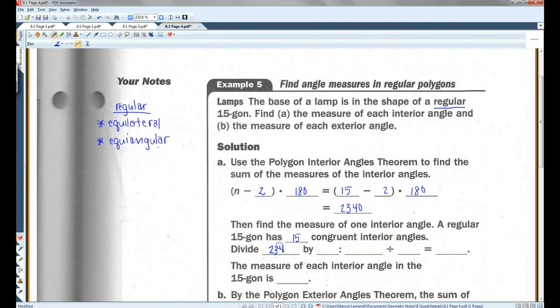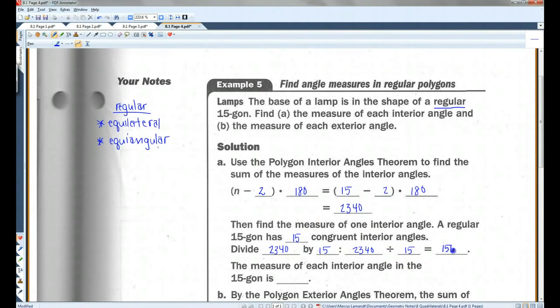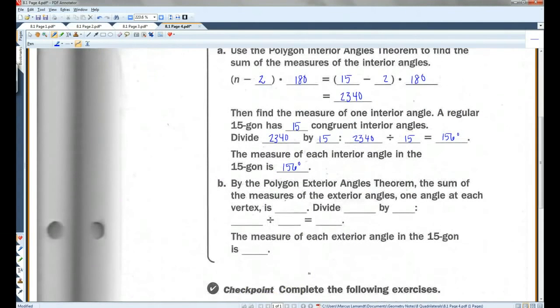Divide 2340 by 15. That's 156. So there are 15 angles, and each angle is 156 degrees. So the measure of each interior angle in the 15-gon is 156.